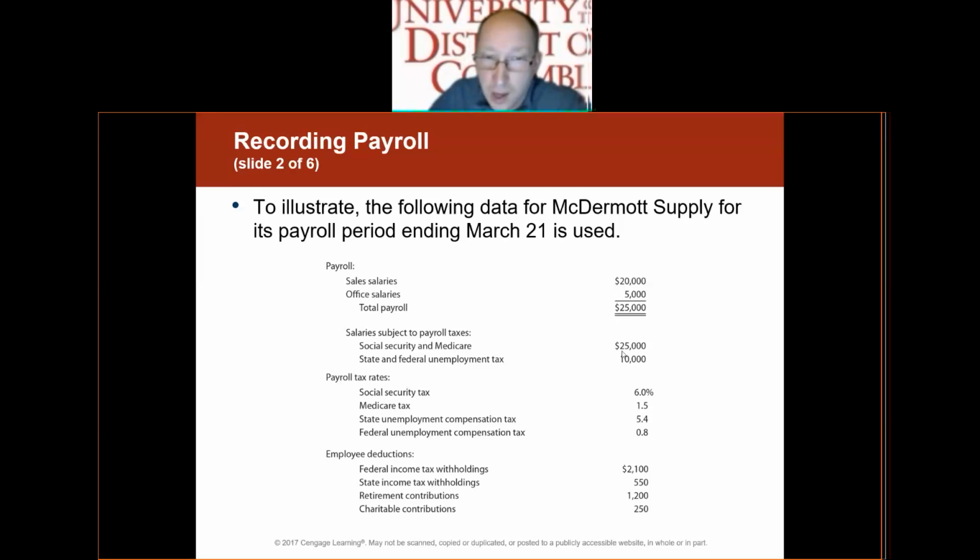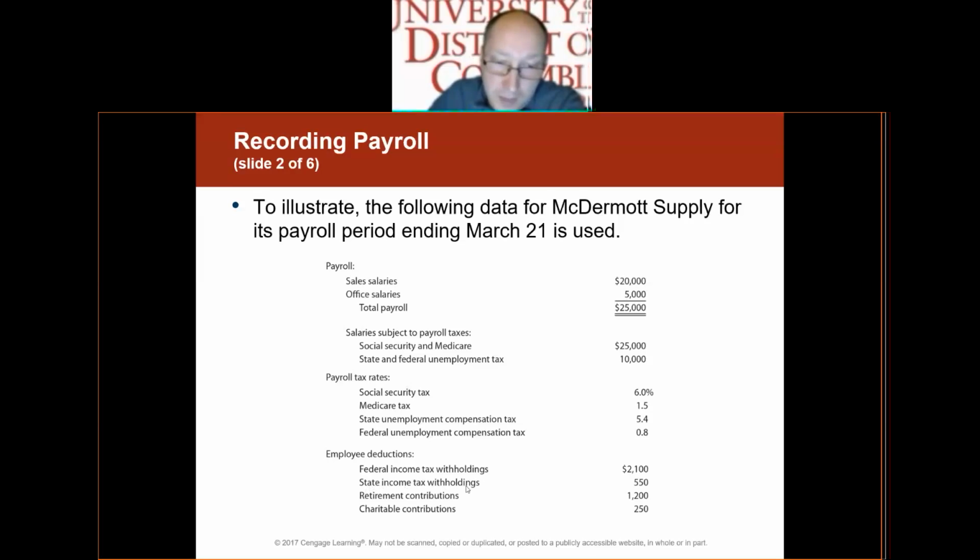We took your $25,000 times whatever the federal income tax rate is for that company. And that varies based off of the annual earnings for the company. In this example, it's $2,100 for that 2 weeks.